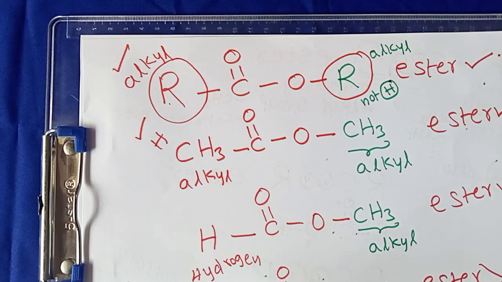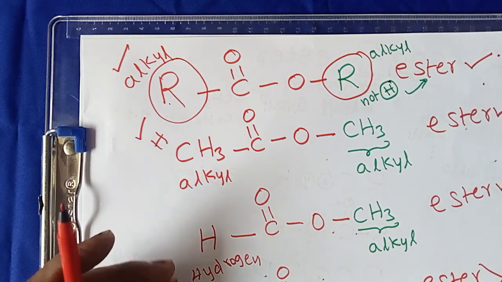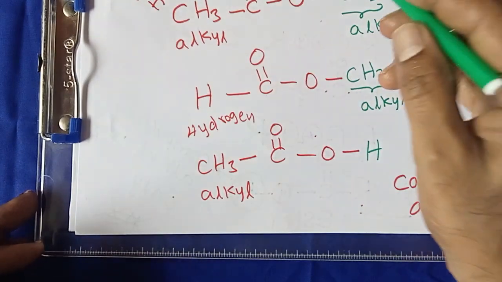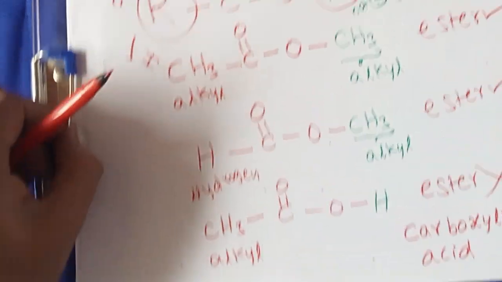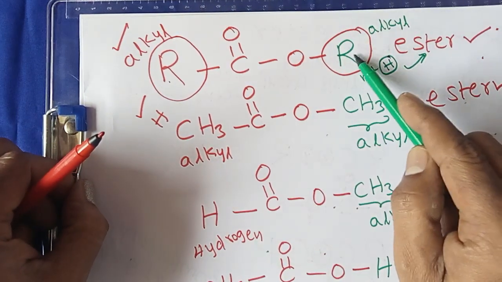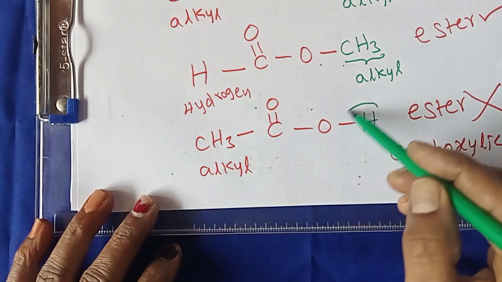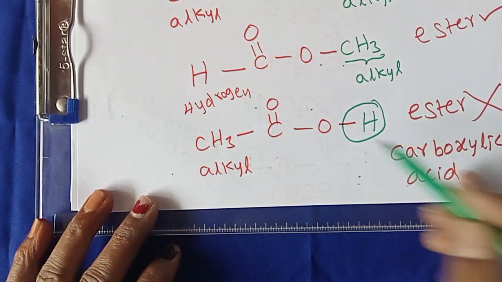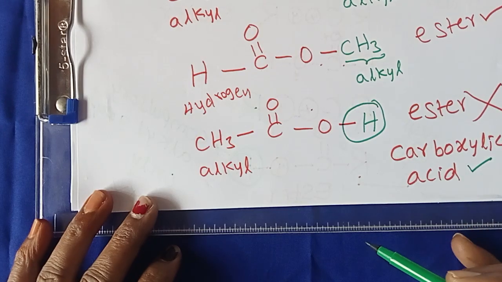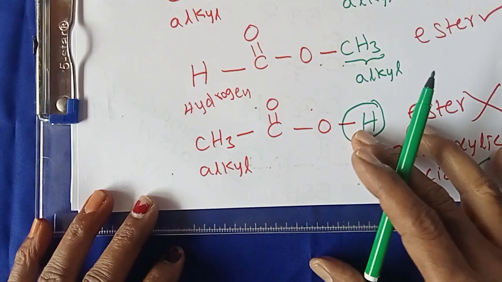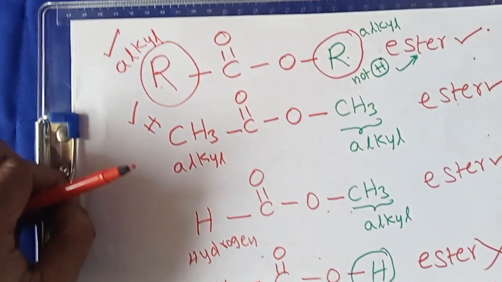Then you get the ester functional group. For example, if it is hydrogen, see that last example, this is not ester, this is the carboxylic acid functional group. So this is the difference between ester and carboxylic acid.